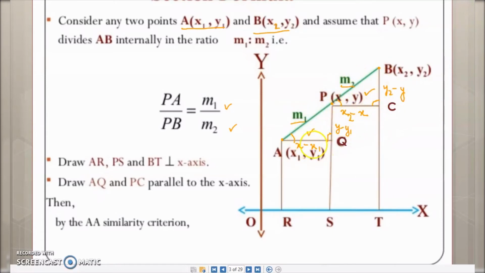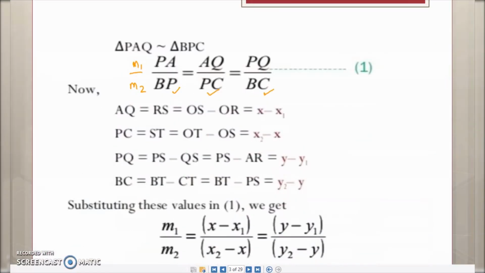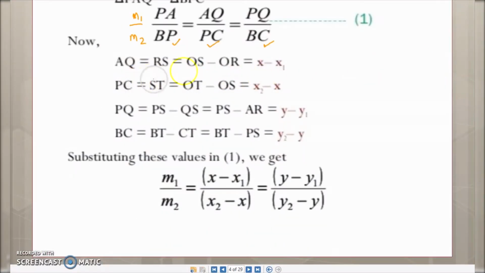So now that we have found all these sides, we will just substitute them in this one. AQ is x minus x1, PC is x2 minus x, PQ is y minus y1 and BC is y2 minus y. So this will be substituted in this: m1 by m2 is equal to (x minus x1) by (x2 minus x) is equal to (y minus y1) by (y2 minus y), by substituting in equation 1.